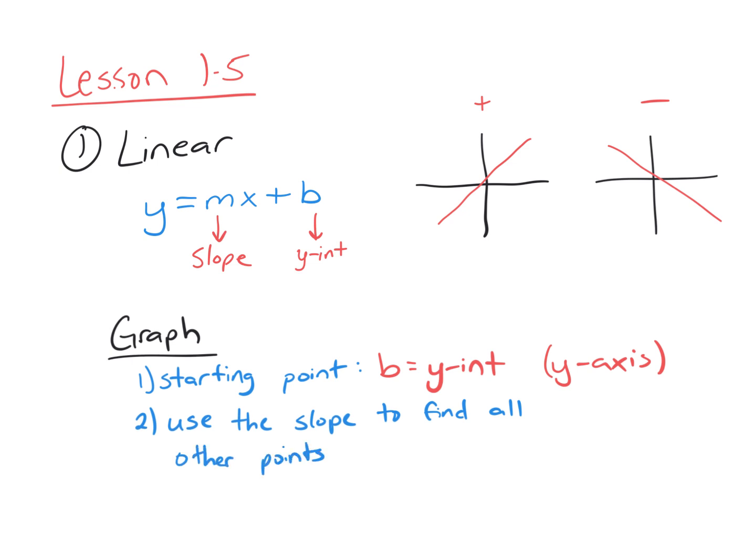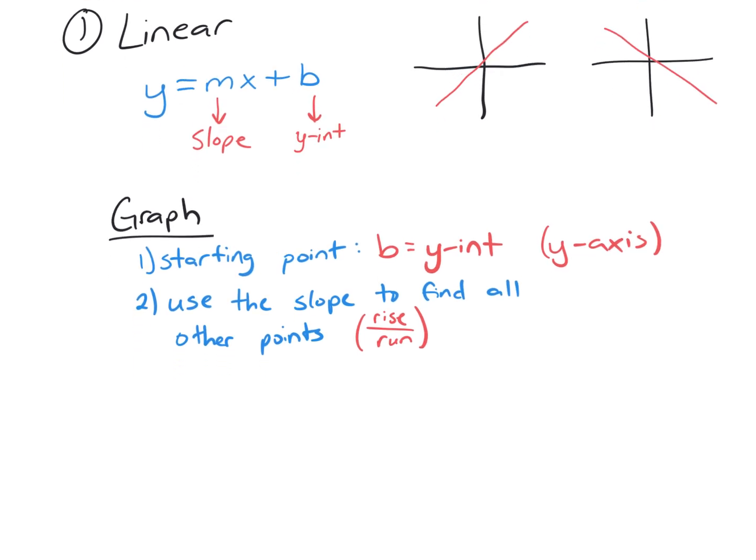Remember, how do we read slope? Rise over run. Good. So you start with your y-intercept on the y-axis, whatever that b is telling you, and then you use your slope, rise over run, to get the rest of your points.